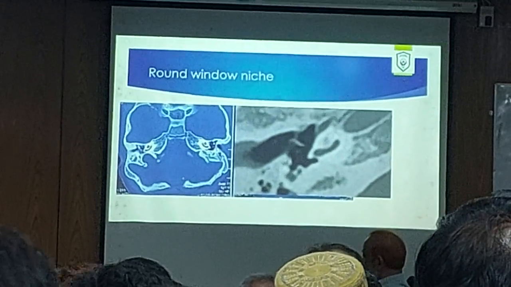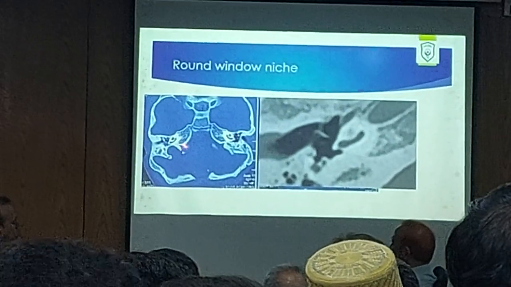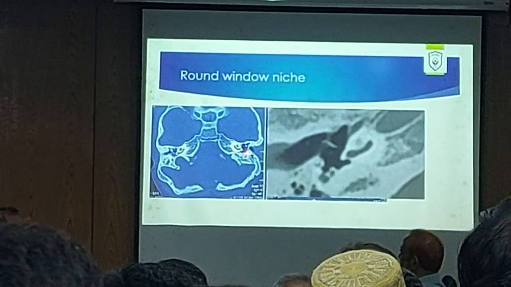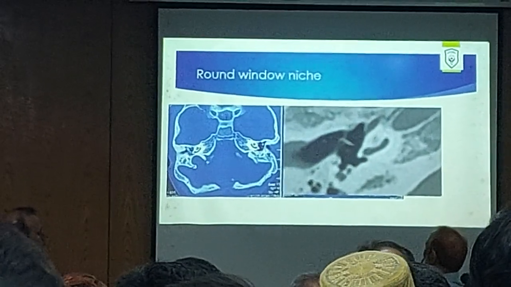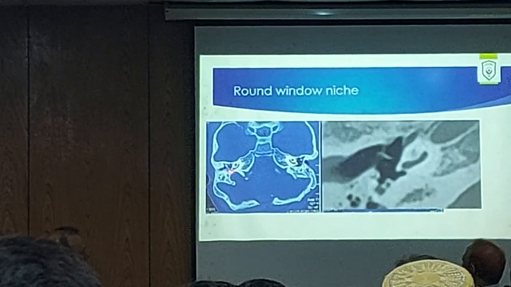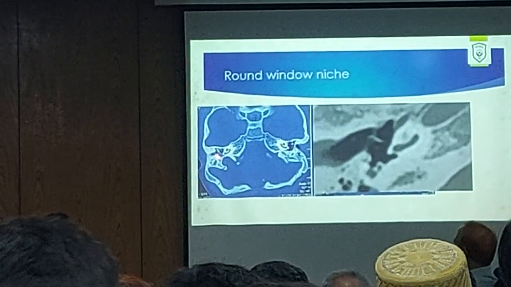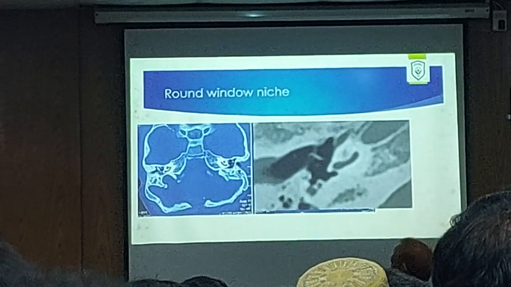So you have to check before doing the surgery. This is the round window niche area. Here, this is the round window niche area. Sometimes in the sinus tympani area there may be some large cells, or a high jugular bulb.